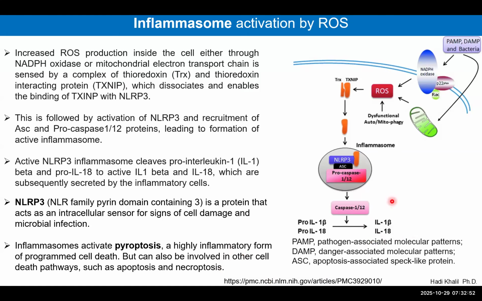Now this interleukin 1 beta is a cytokine, and therefore this cell can secrete the interleukin 1 beta into the bloodstream, and that is going to be circulating all over the body, and therefore it increases the level of awareness that there's an inflammatory response taking place somewhere in the body, and we have to take care of it.